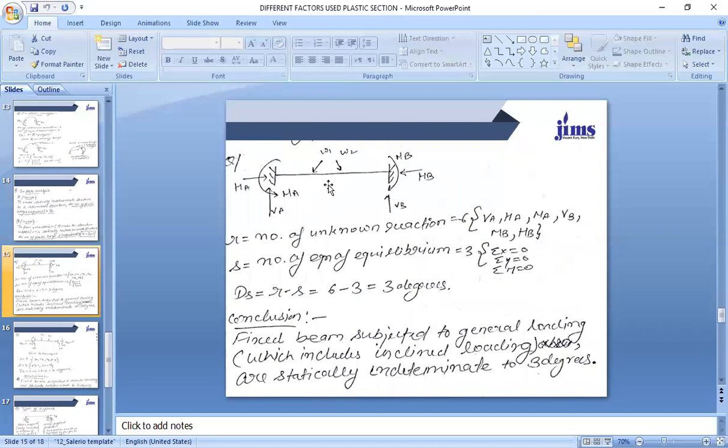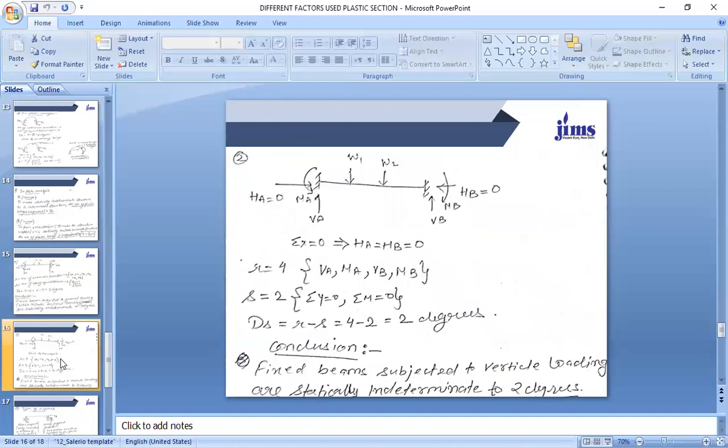Like this, we have a fixed beam. So the number of reactions are 1, 2, 3, 4, 5, 6, and the number of equilibrium equations we have are 3. So DS is 3 degrees, right? Fixed beams subjected to general loading, including inclined loading, are statically indeterminate to 3 degrees, right? So to make it determinate, we need to provide 3 hinges. Okay. This is actually for inclined loading, right?